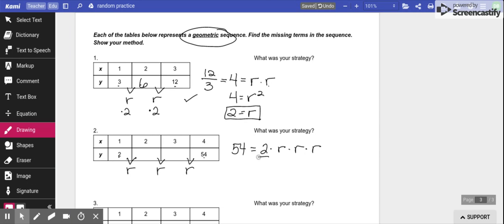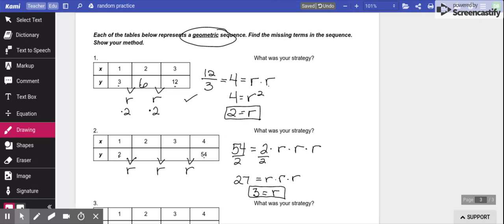So I'm going to divide both sides by 2, and that's going to give me 27 equals r times r times r. So what can I multiply by itself 3 times to give me 27? Correct, 3. So my common ratio is 3.